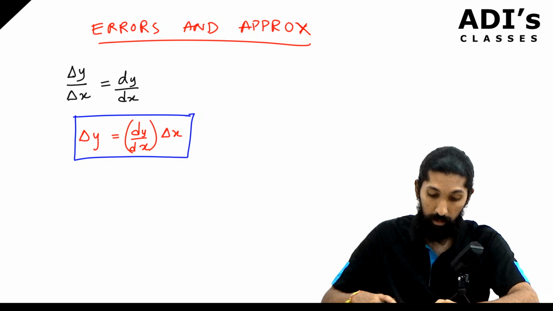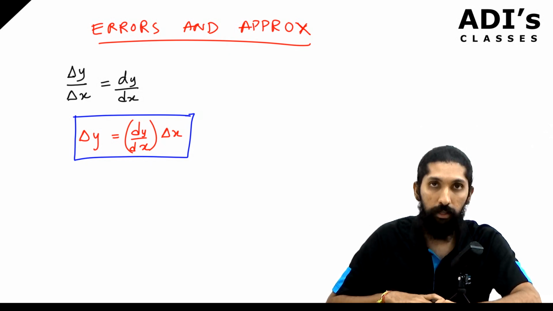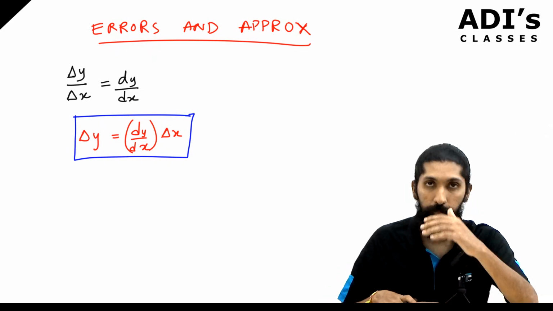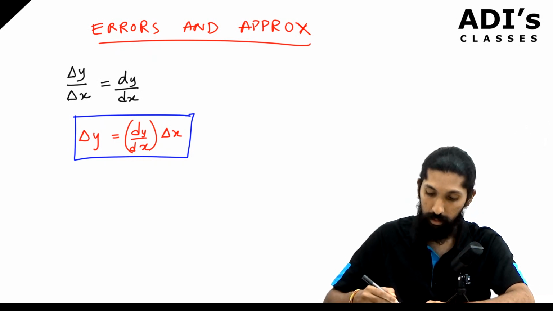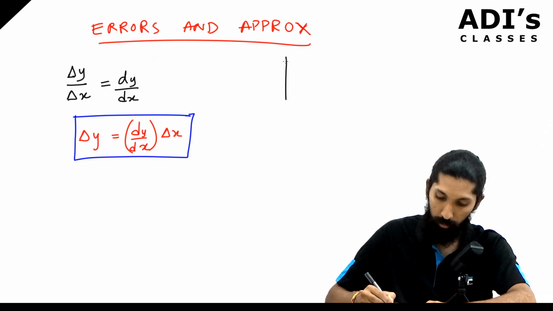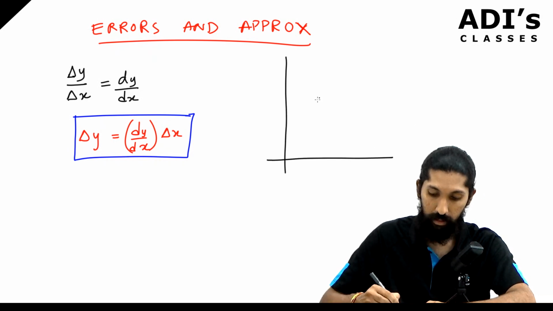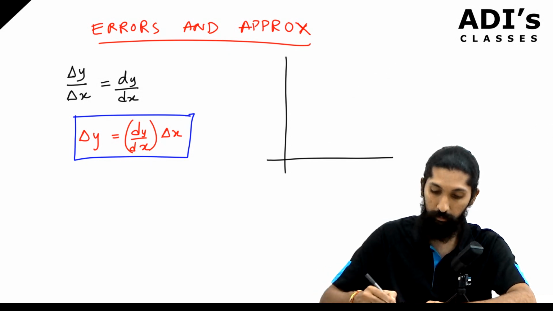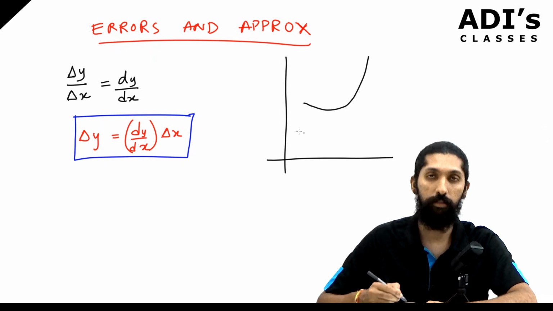Graphically, if you try to understand this, assume you have the y-axis and x-axis, and there is some graph like this. Or let's make it even steeper, maybe something like this.